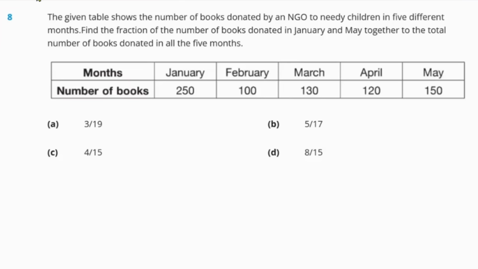Here we have to find out the total number of books. January and May together, it is 250 plus 150, that is 400.